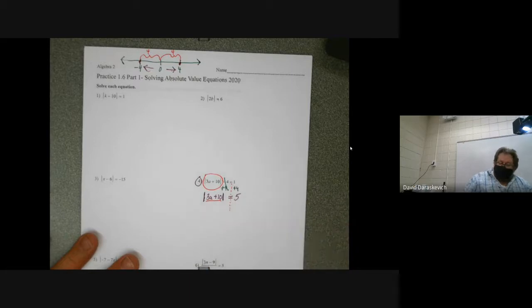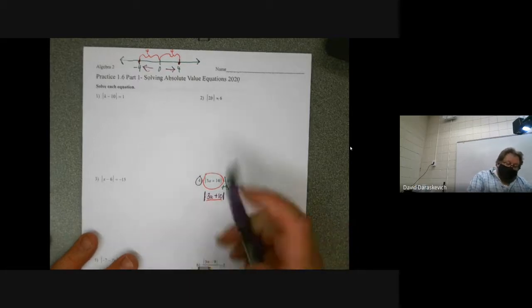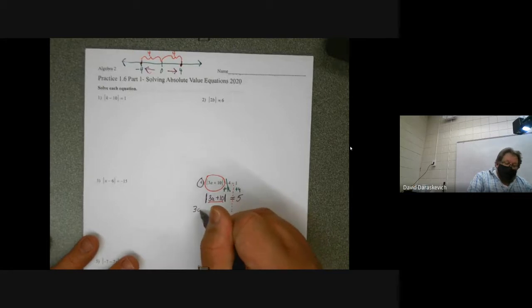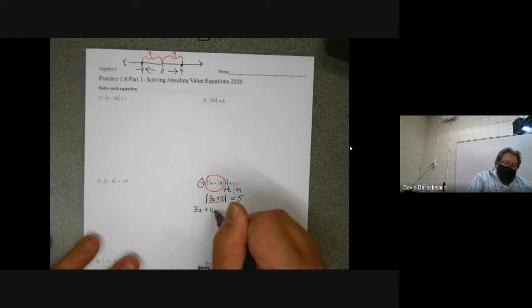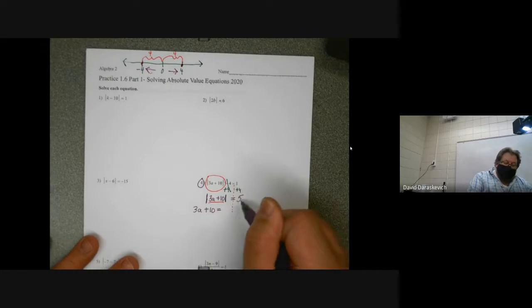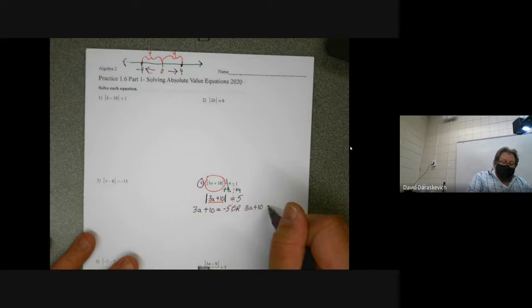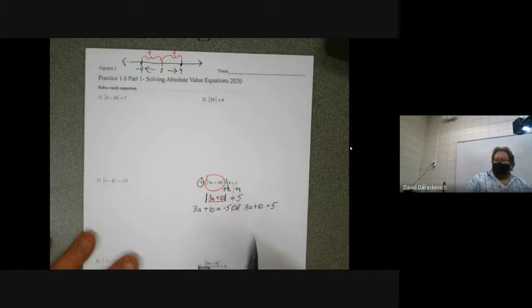I just like doing it this way. So I'm going to take what's inside, 3a plus 10, and set it equal to -5. Or I have to worry about scenario number 2, where 3a plus 10 is equal to +5.